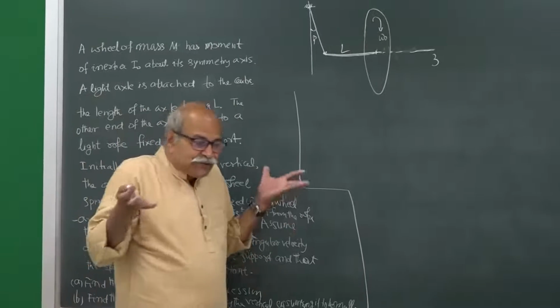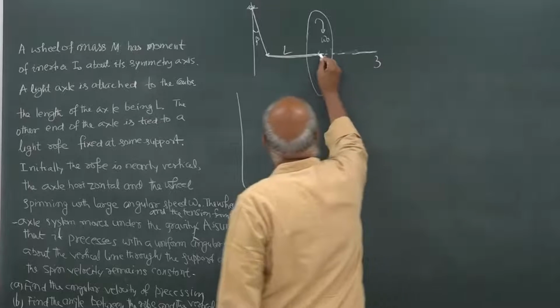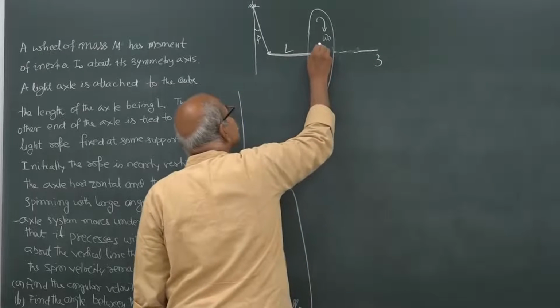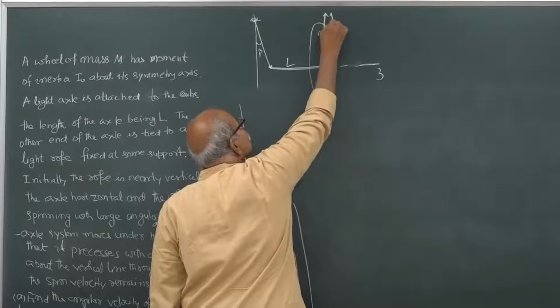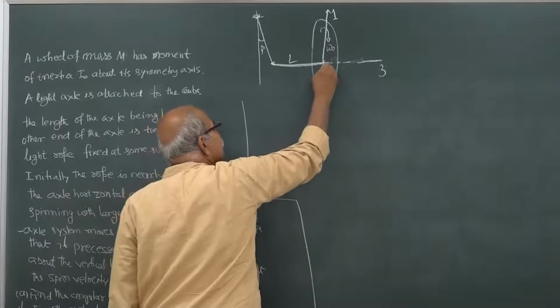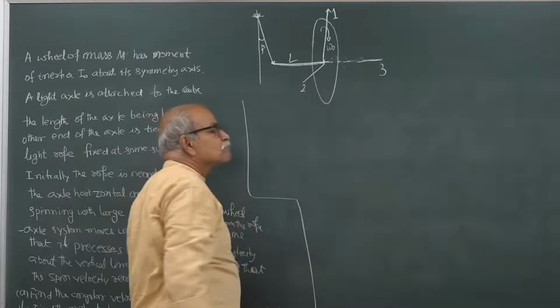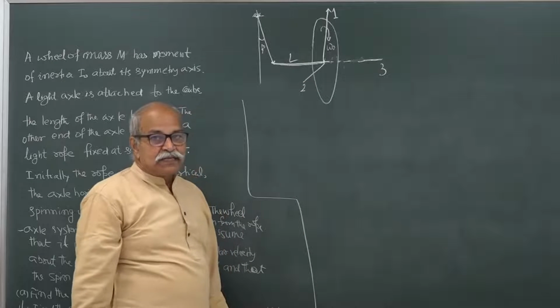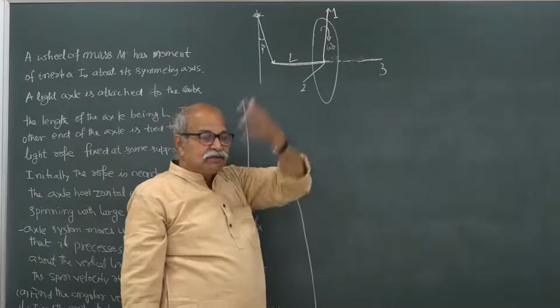So, let us choose an axis system. This I will be using as 3 axis, and vertical from here I will be using as 1 axis, and then horizontal in the plane of the disc, that I will be using as 2 axis. These are principal axes because this is perpendicular to the wheel, it is a symmetrical system.